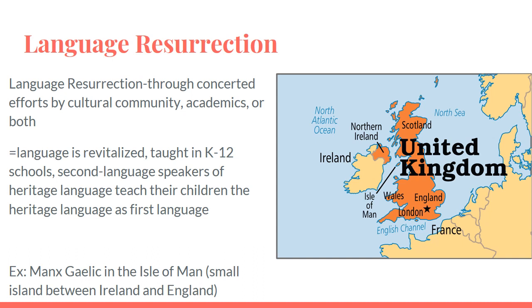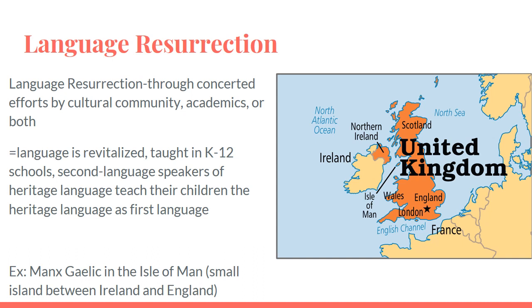But after the laws changed and became much more progressive, allowing people to speak their native language in the community and in schools, several researchers and second speakers of the language helped to revitalize the language.